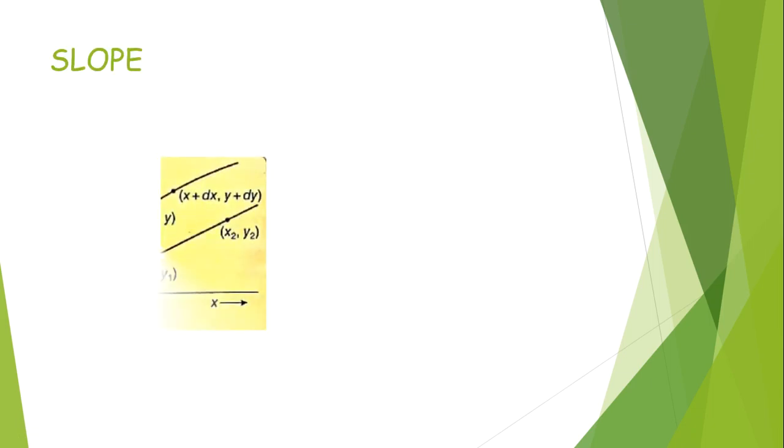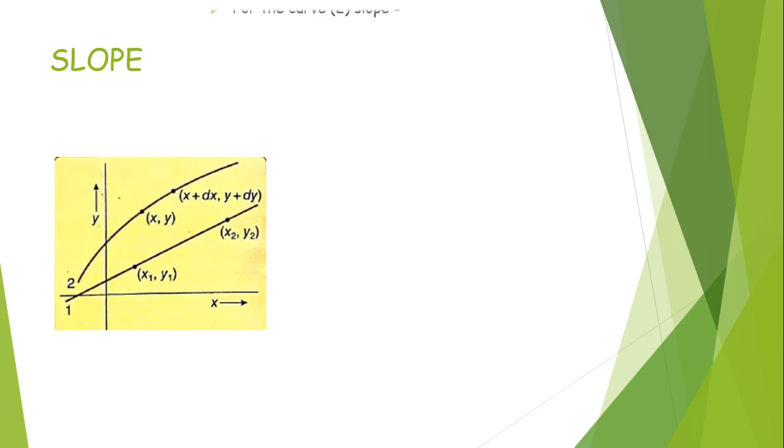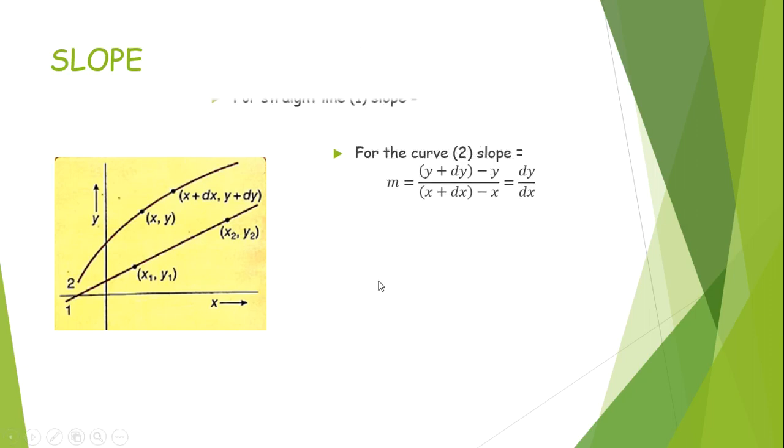Now another very important topic, slope. Slope is basically the ratio of the vertical change to the horizontal change. Here I have given the formula of the slope of a curve and a straight line.